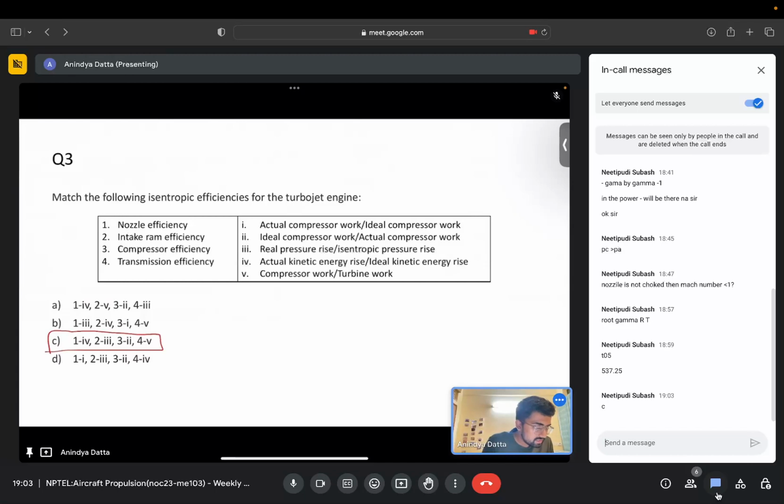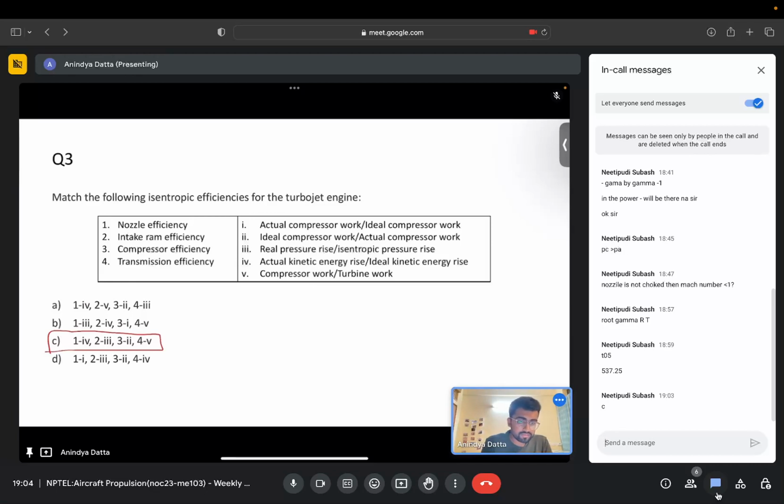Right, the correct option is option C. Nozzle efficiency is 4, which we just described: actual kinetic energy rise by ideal kinetic energy rise. Intake ram efficiency is Roman 3, which is real pressure rise by isentropic pressure rise. Isentropic efficiency is generally expressed in terms of enthalpy differences, which we can simplify to a ratio of temperature differences, assuming constant Cp.